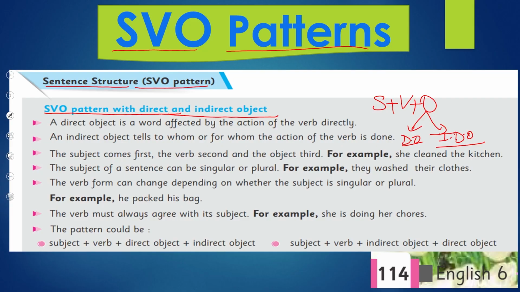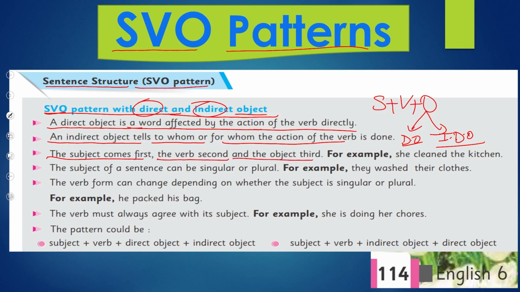So there will be two types of the SVO pattern, with direct and indirect object. A direct object is a word affected by the action of the verb directly. An indirect object tells to whom or for whom the action of the verb is done. The subject comes first, the verb second, and the object third.